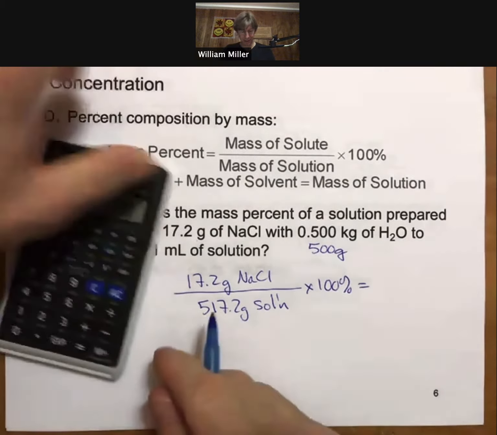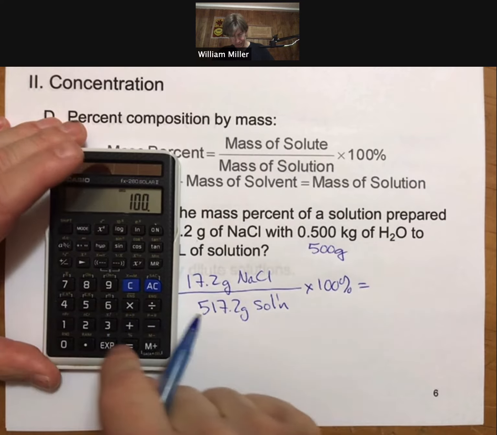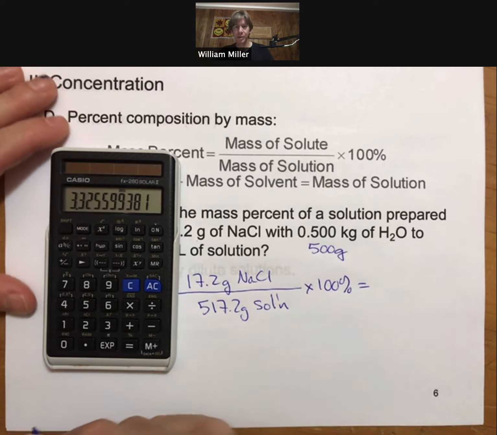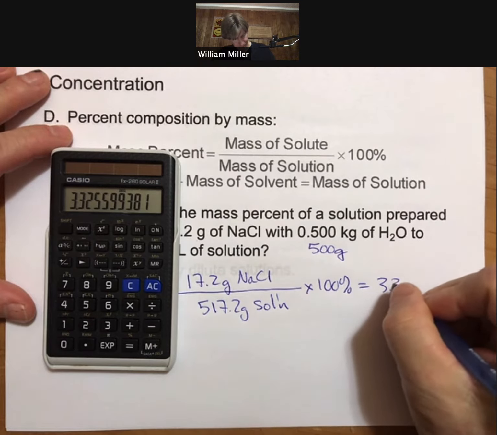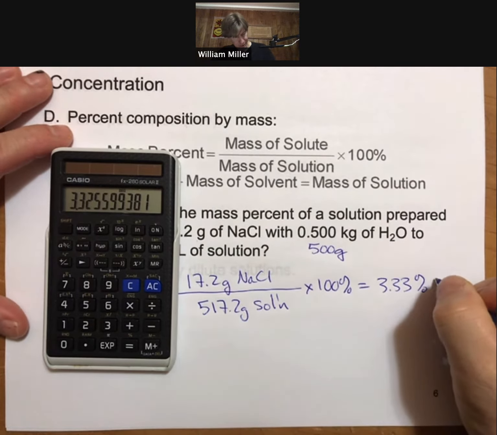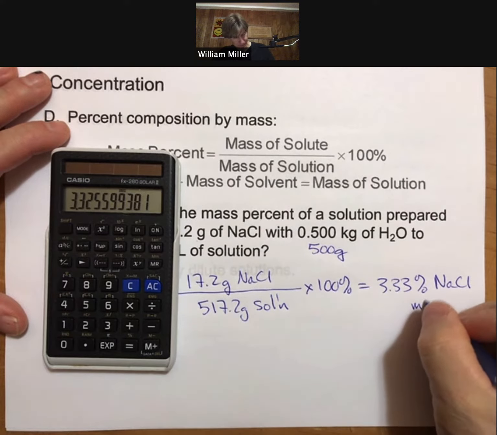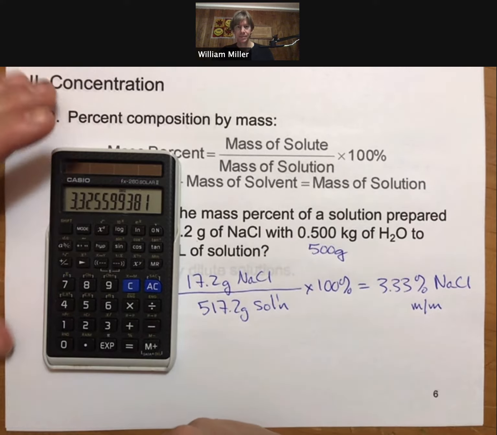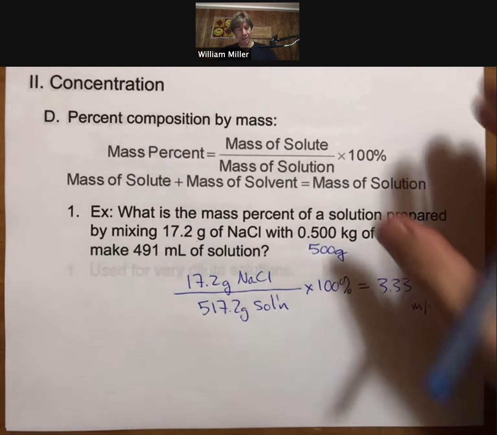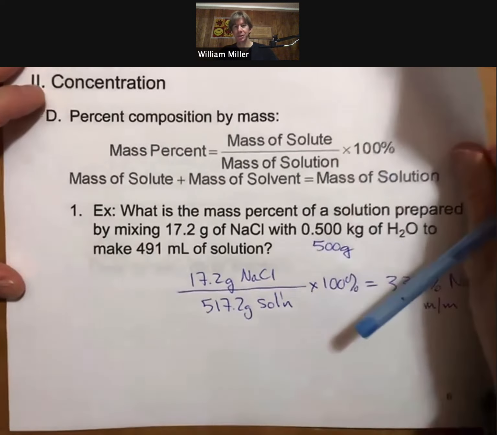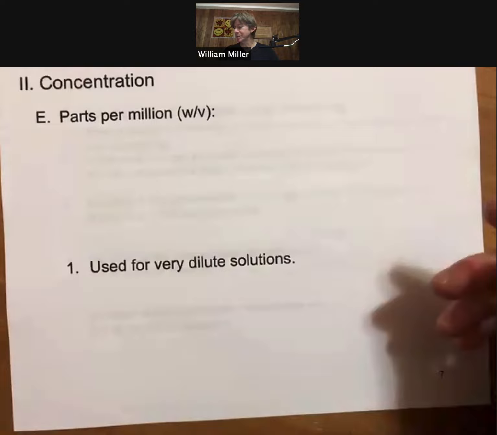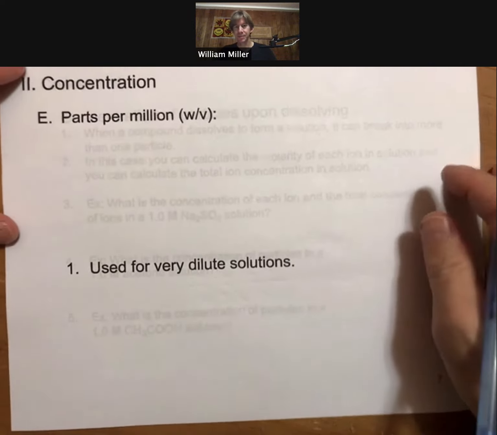Let's go ahead and work this out. 3.33% sodium chloride mass by mass. And those are really the most common concentration units you should expect to see in chemistry classes and in life.